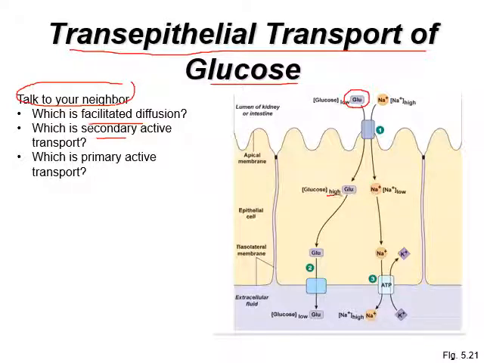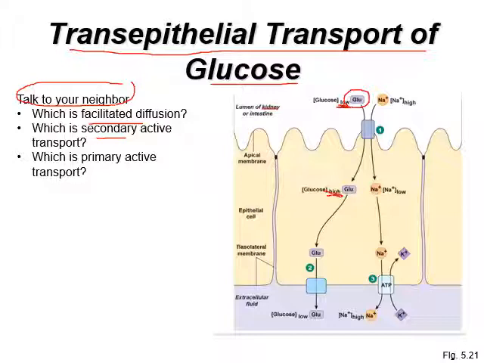Glucose is high in the cell, but is low out here in the lumen. Okay, we're looking at the kidneys. If we filter out glucose, the kidneys bring the glucose back into the body so we don't lose it. But here, glucose is moving from low to high.